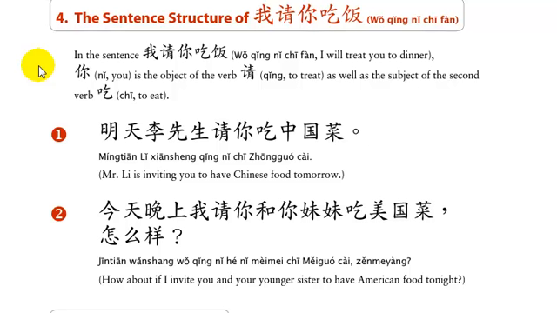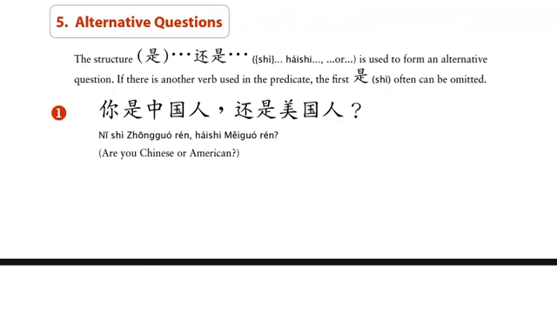It makes no sense. So remember, when you're taking someone out to dinner or treating someone, you must use 请 or 请你吃饭. You cannot use the Chinese equivalent of our verb take.